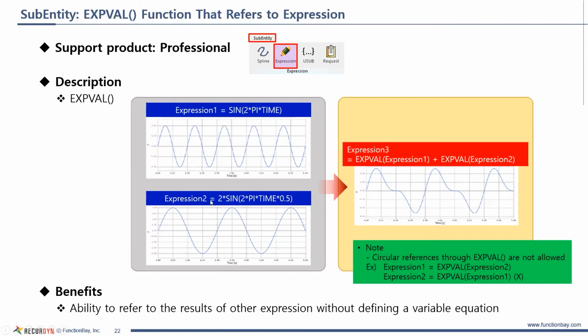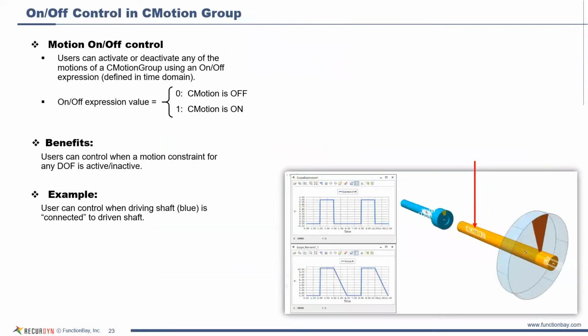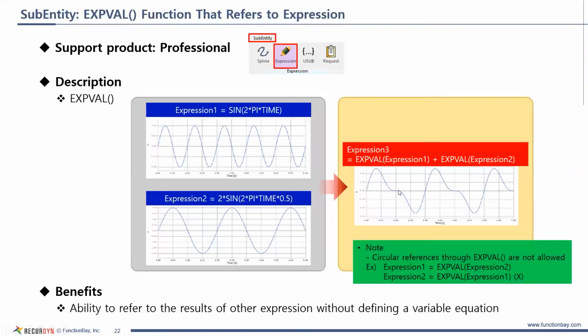And then we have a second expression representing another waveform of a lower frequency. And then our third expression is simply adding those two expressions together using the syntax shown here. And then when that expression is plotted, you can see that it does that addition correctly.